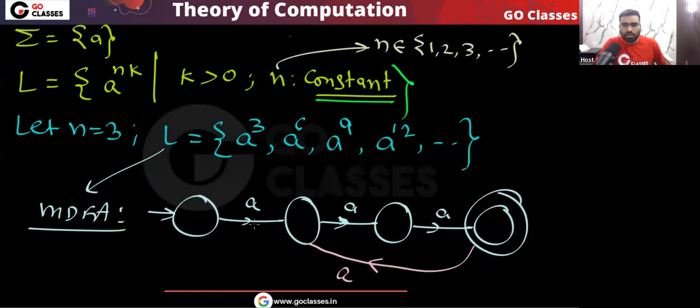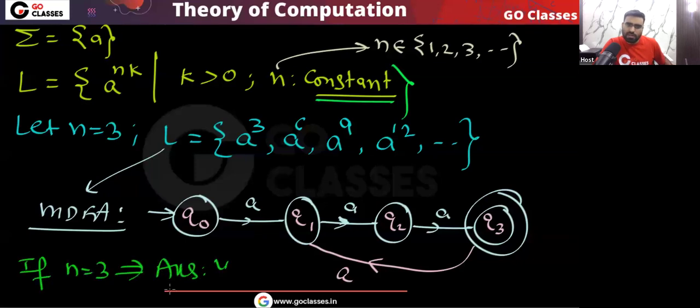Is this clear? So the arrow will go to this state. Now you can notice this is a minimal DFA. Let's call the states Q0, Q1, Q2, Q3. So you can easily see, if n equals 3, then the answer is 4. Correct? Yes or no?